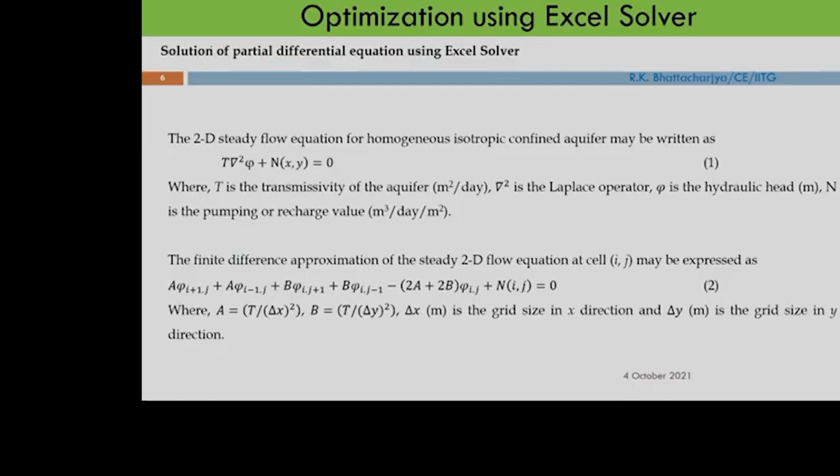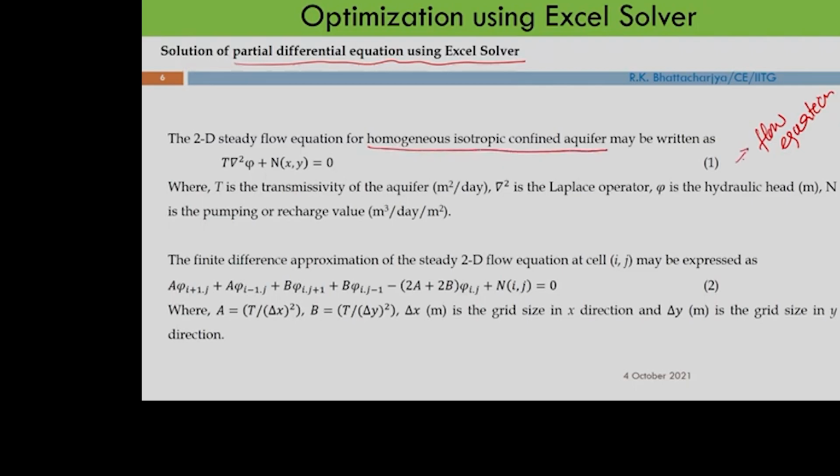Let us see how you can solve a partial differential equation using Excel solver. I will show you that you can use the optimization technique for solving a partial differential equation. This is related to the flow equation, the flow equation for a homogeneous isotropic confined aquifer.